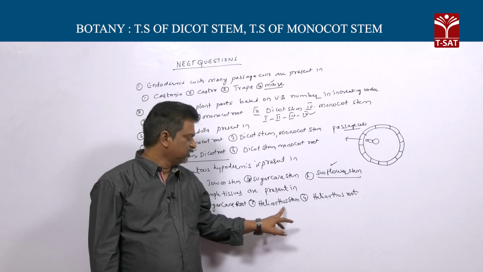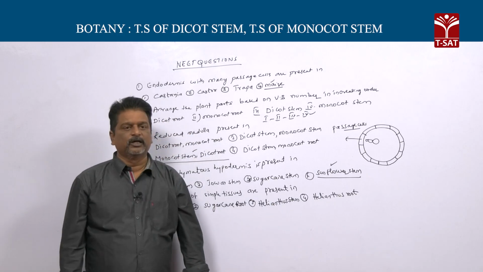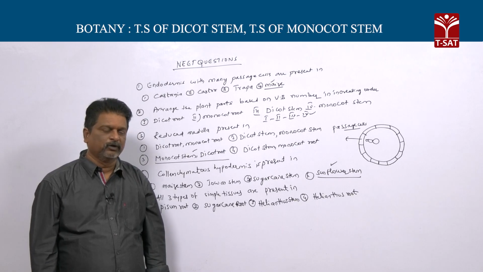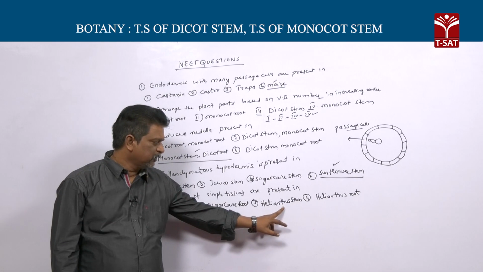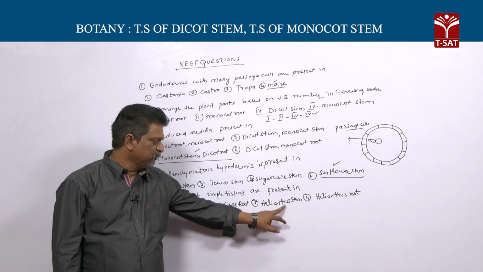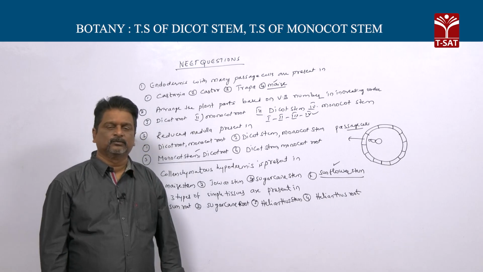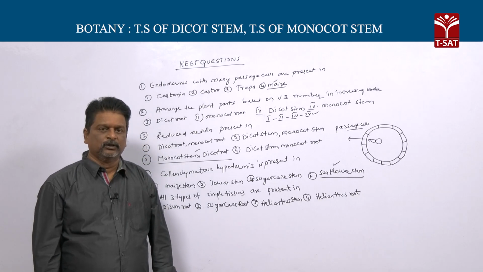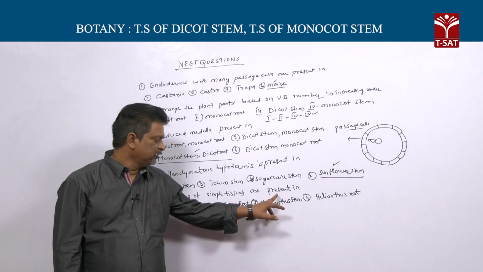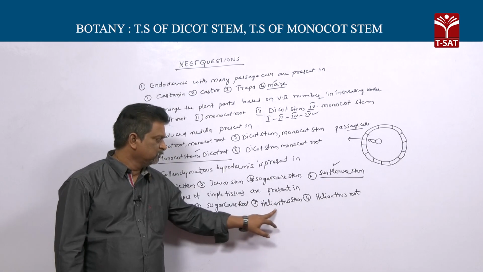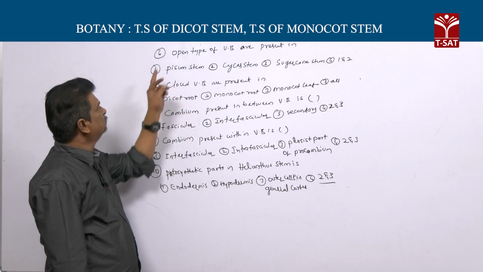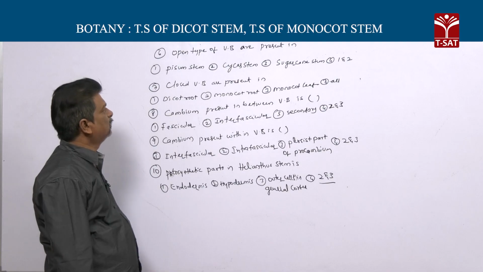If you take helianthus stem, epidermis, even cortex is parenchymatous. Then hypodermis is collenchyma. Pericycle is sclerenchymatous. So, all 3 types of simple tissues are present in helianthus stem.